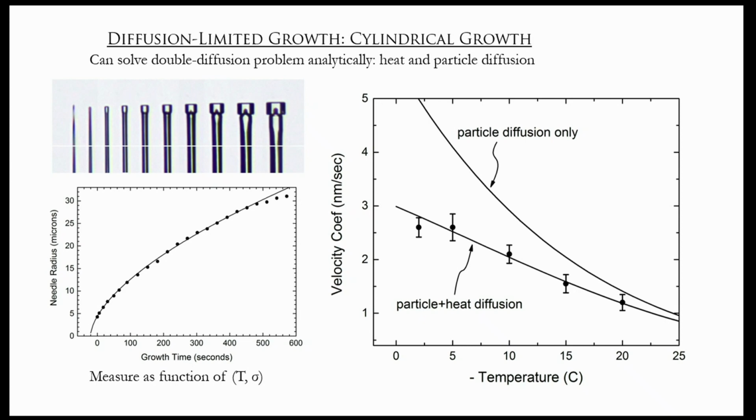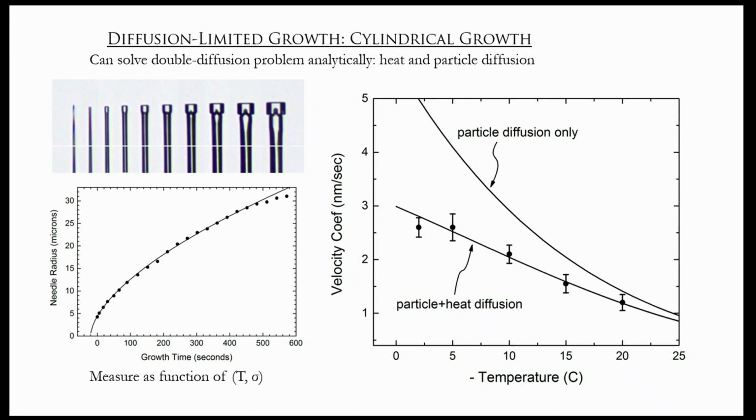So we can look at the velocity of growth at a fixed radius as a function of supersaturation, and we can put in a parameterization of that, and we end up with just a single parameter that describes all this growth, which is some coefficient of the fit. Okay, so we're going to fit this parameter, which is just this very simple curve.